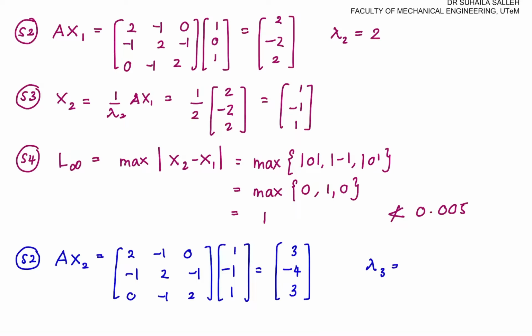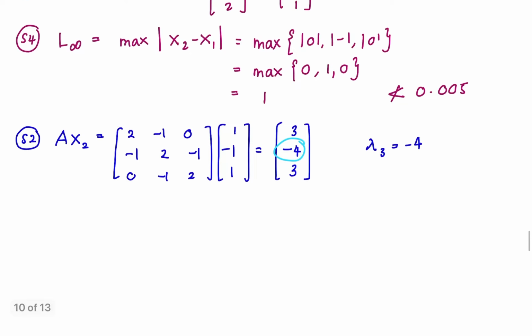We need to find lambda 3. First we check which of the three values has the highest absolute value. It is the one with value 4. Recall that our eigenvalue is the entry with the highest absolute value, and that entry is minus 4. So our lambda 3 is minus 4.